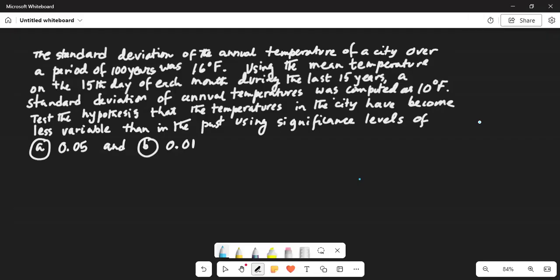The standard deviation of the annual temperature of a city over a period of 100 years was 16 degree Fahrenheit.